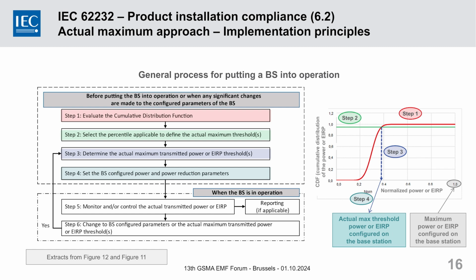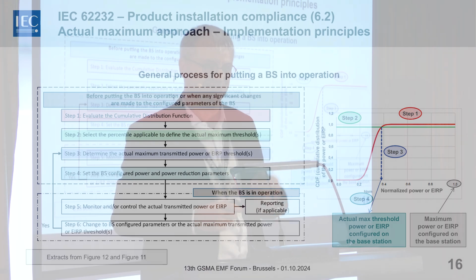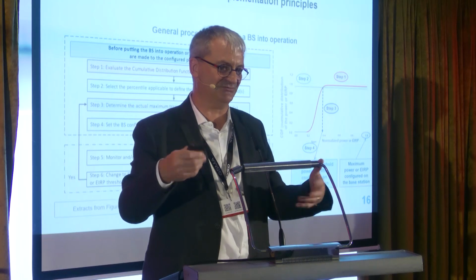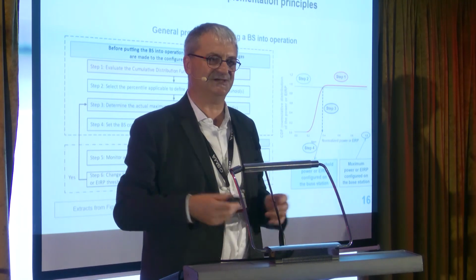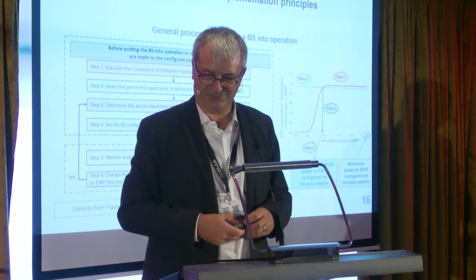And this threshold is below the maximum value that can be radiated. And then the base station is configured like that with the power reduction factors, and then you put it into operation and you use this power reduction factor for the site declaration, for the calculation, etc., as we have done before.